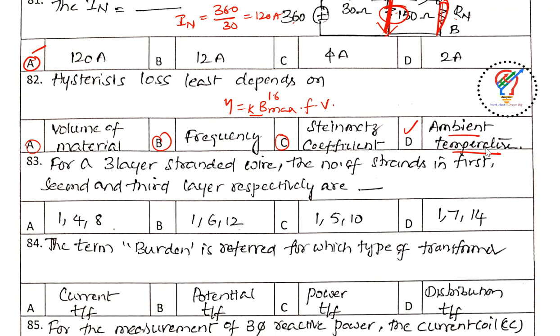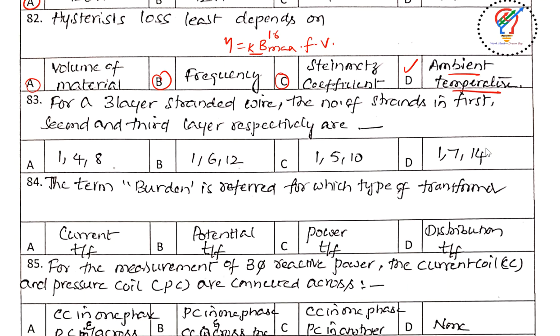Next one, for a 3-layer wire, what is the number of strands in the first, second and third layers respectively? If you go through the formulas of power system, I discussed the point that the number of strands in a layer is equal to 3n squared minus 3n plus 1.